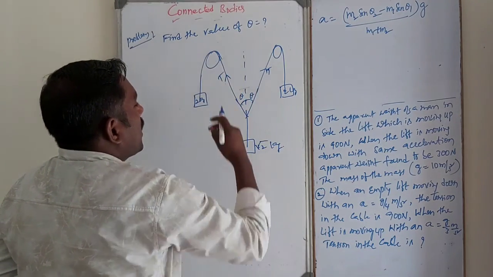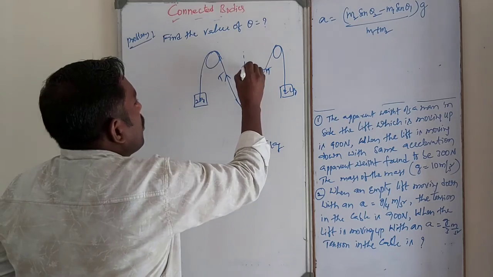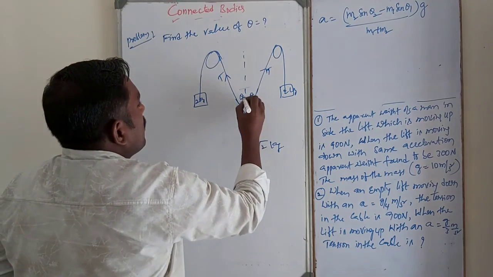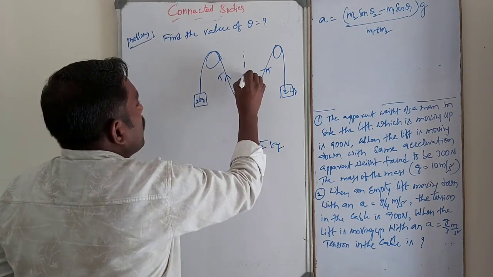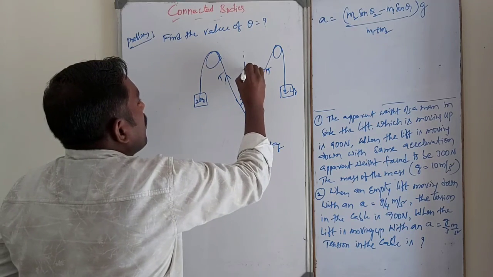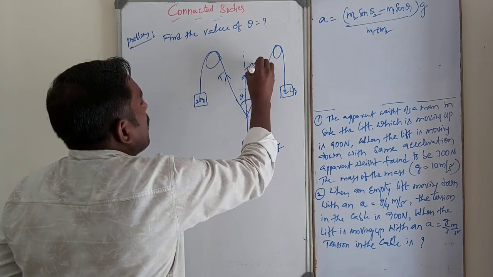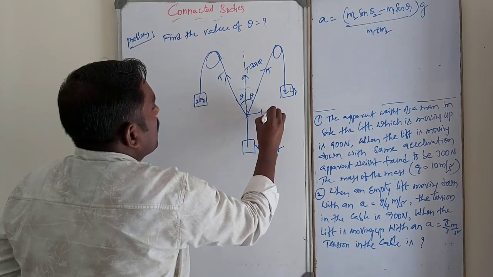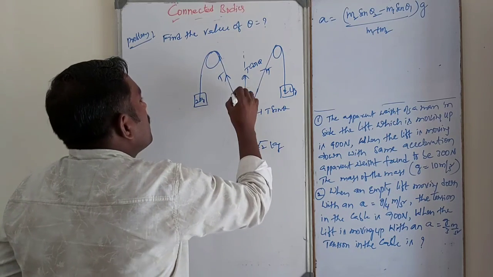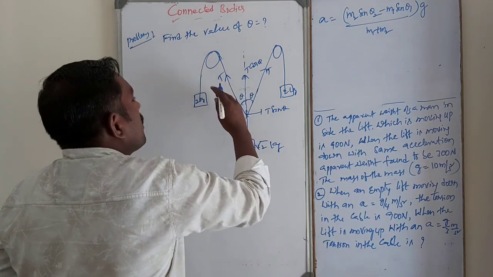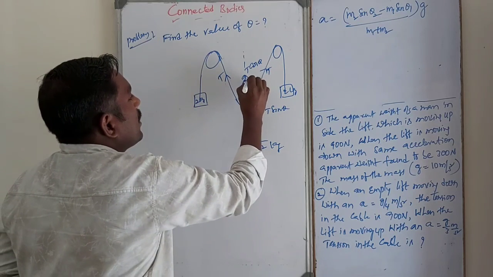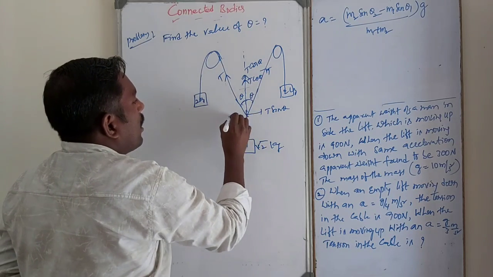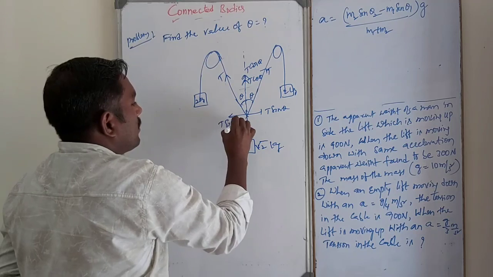Then I will go for rectangular components. So dissolve into 2 components. This is the vertical component T cos theta, and this is T sin theta. Similarly, this is also resolved into 2 components, T cos theta and T sin theta.